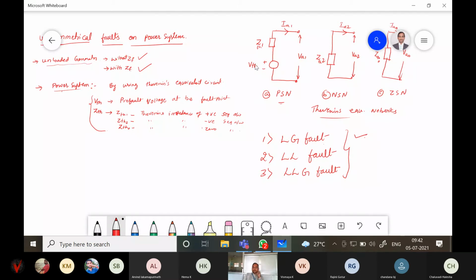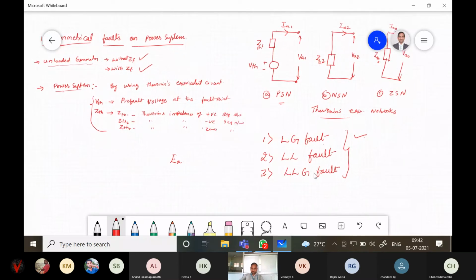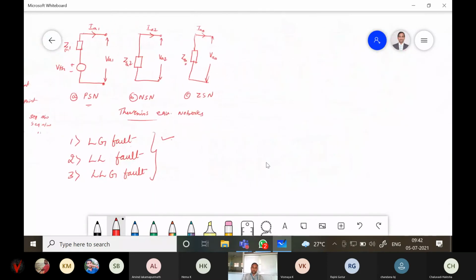The only change is that wherever EA is present we put VTH, and wherever Z1, Z2, Z0 are present we put ZTH1, ZTH2, ZTH0. We will discuss one by one; only the initial diagrams change.